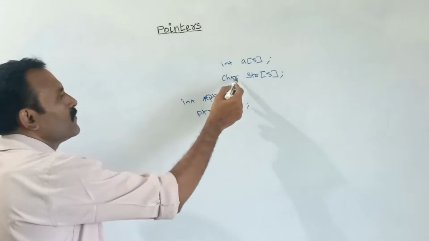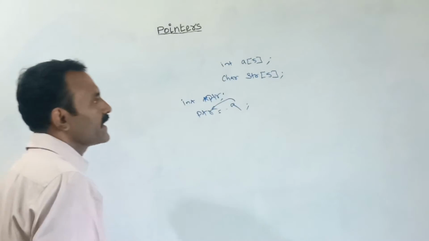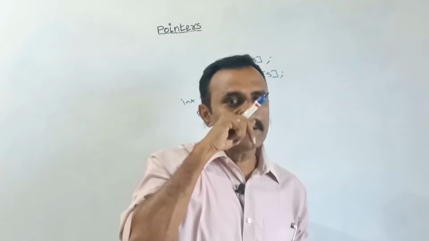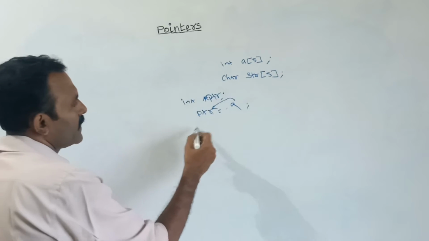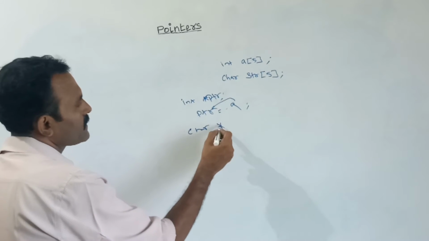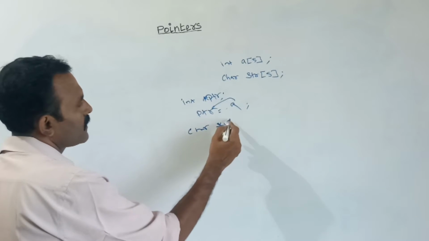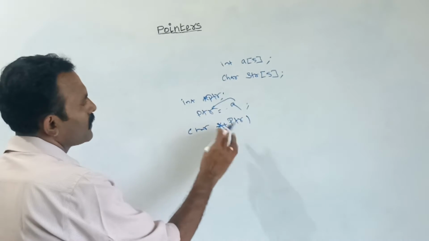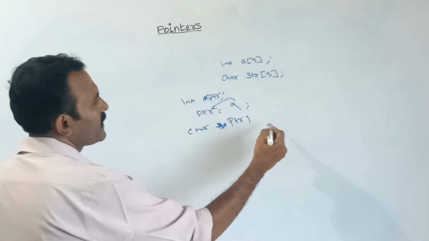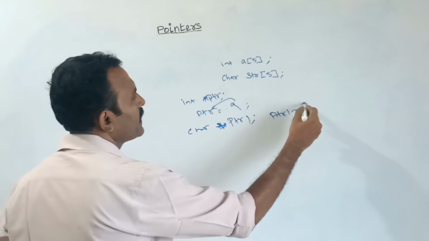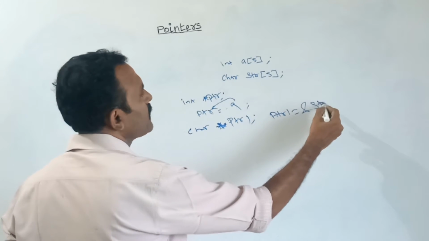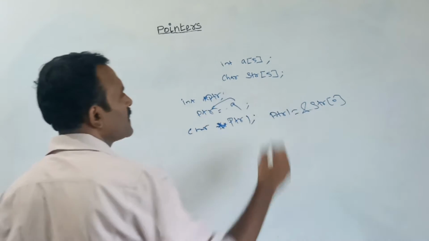Now let us see the character data type. For the character data type we should use character pointers. Let us assume this pointer variable is star ptr1, so suppose we are giving ptr1 is equal to ampersand of str of 0, or str directly we can give.